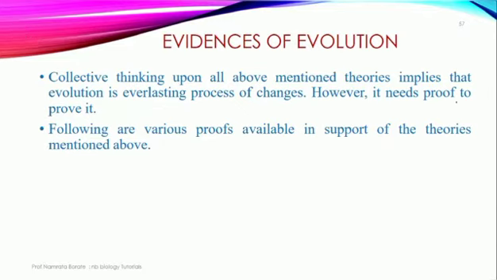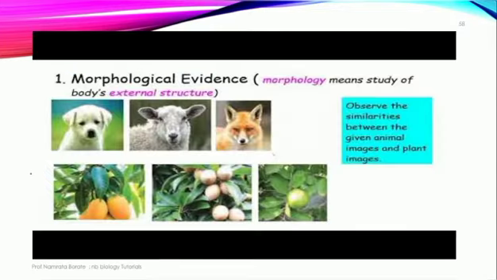However, it needs proof to prove it. म्हणजे हे प्रूफ करण्याची गरज आहे. To prove it, following are the various proof available in support of the theories mentioned above. The first one we see in this video, that is the morphological evidences.